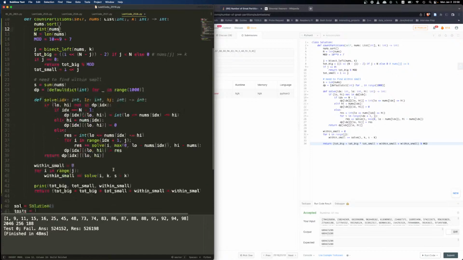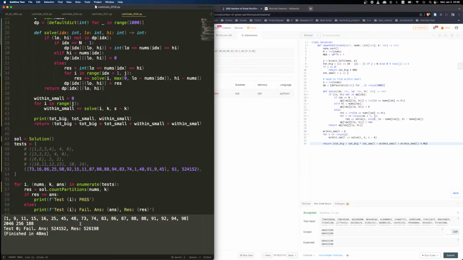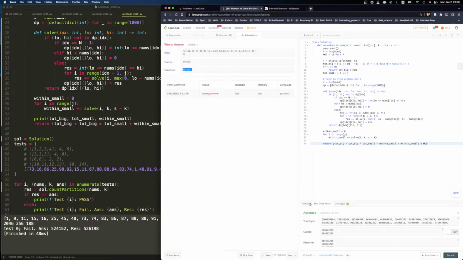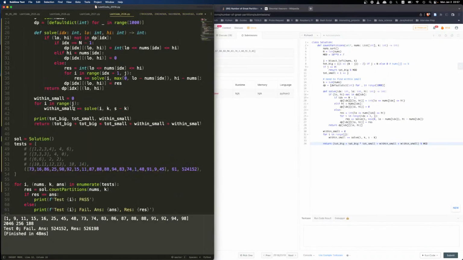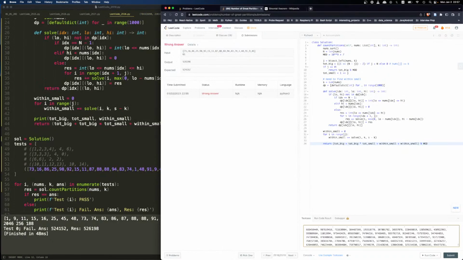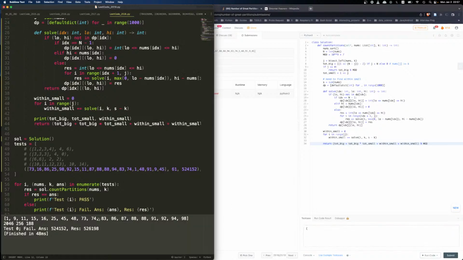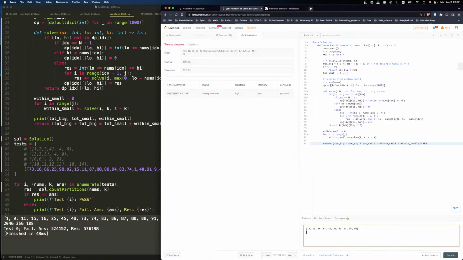Okay, one more thing. So we're looking for 61, right? So this is how I break it. We'll do this. Right, and 61. This one will be right. Should be 2046. No, 1022. So 2046.